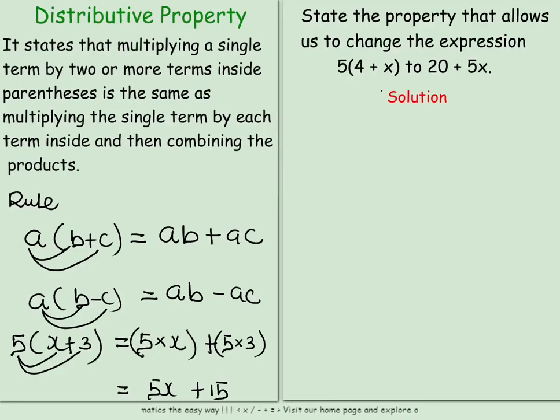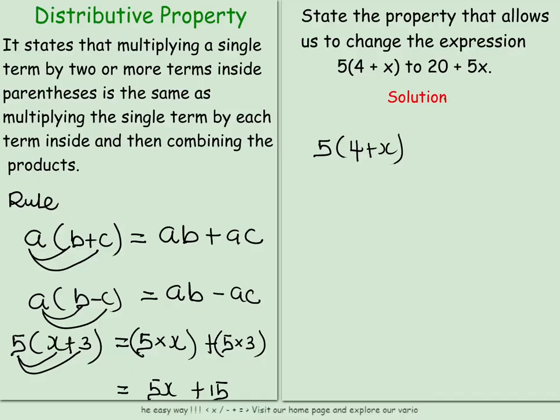Now, for our first question here, it says we have to state the property that allows us to change the expression 5 into bracket 4 plus x to 20 plus 5x. If you look at it carefully, let's analyze what has happened.